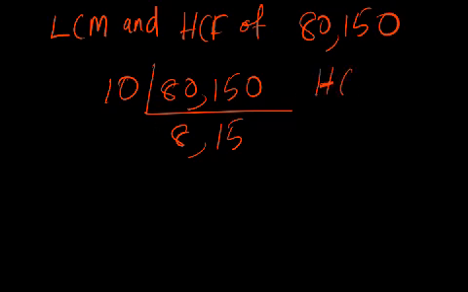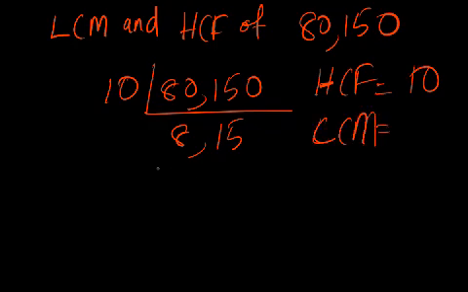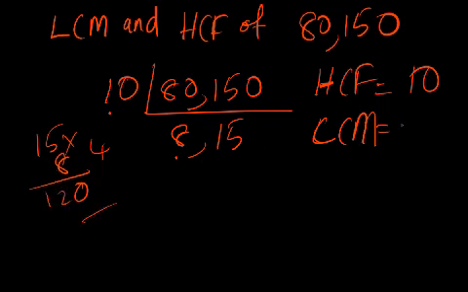So for the HCF, we have only one number here. So HCF is 10. Then LCM is equal to 10 times 8, 80. 80 times 15, 1,200. So 1,200 is the LCM.